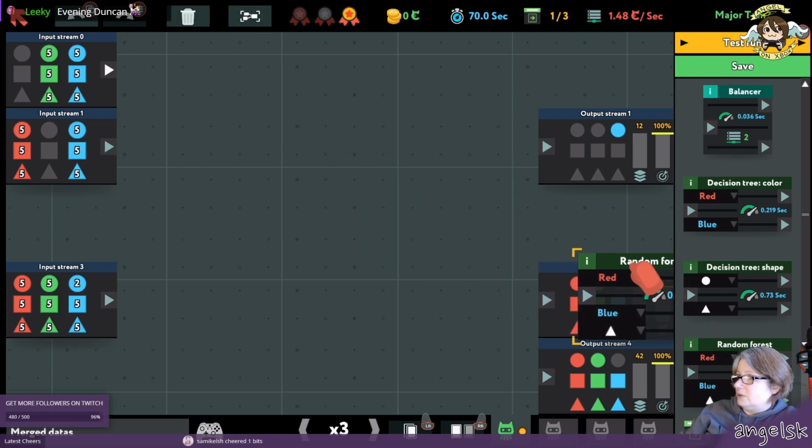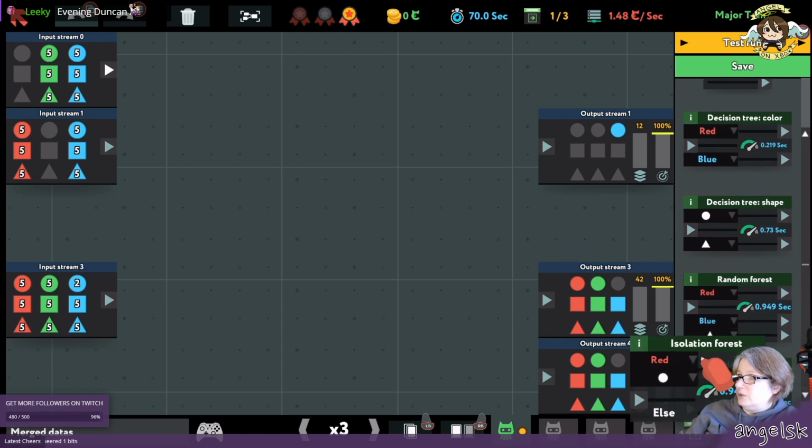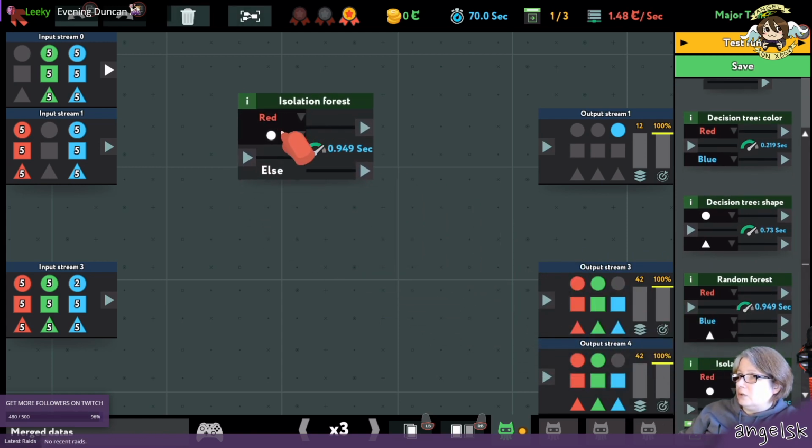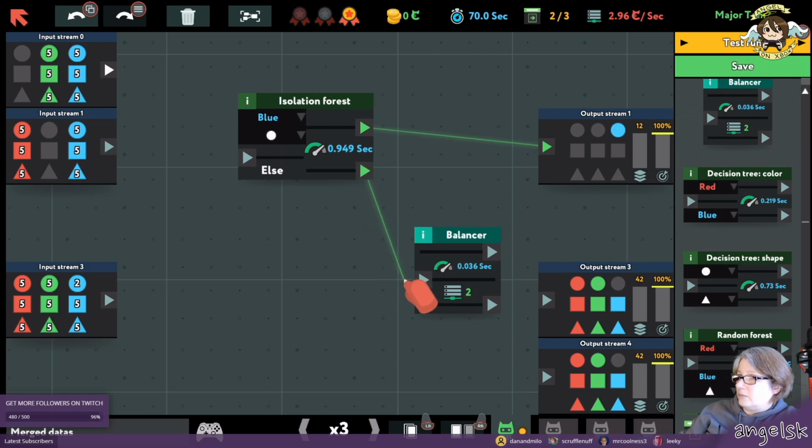That's a random forest. We don't want a random forest. We want an isolation of blue. Else. Split. I'm gonna add in another.